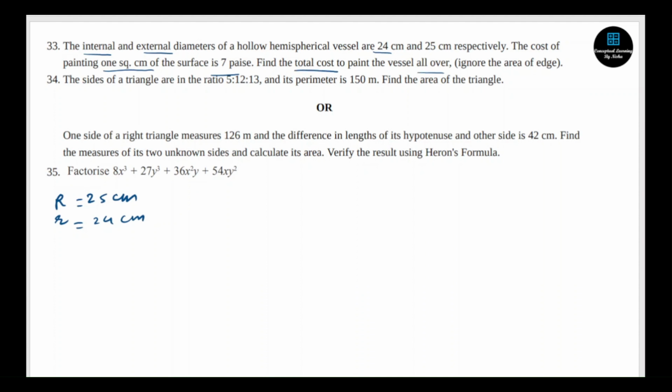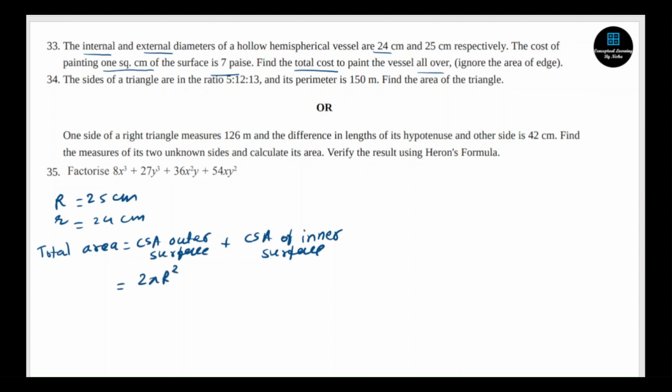Alright. So the total area, CSA of outer surface plus CSA of inner surface, right? Now if you substitute the value 2 pi R square plus 2 pi r square.